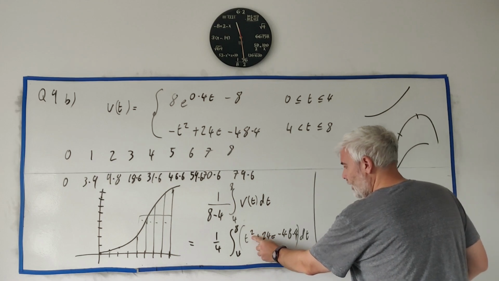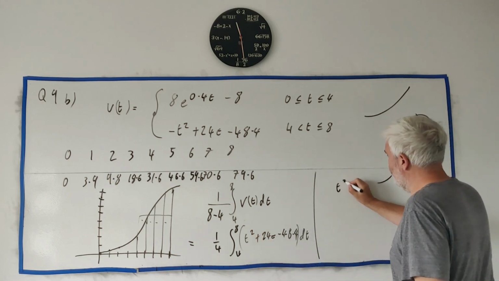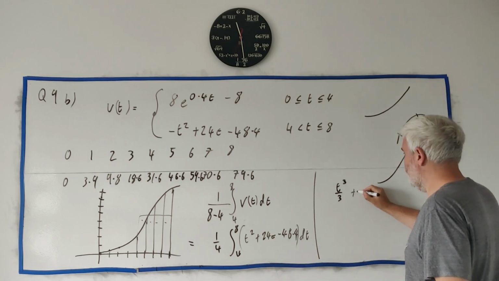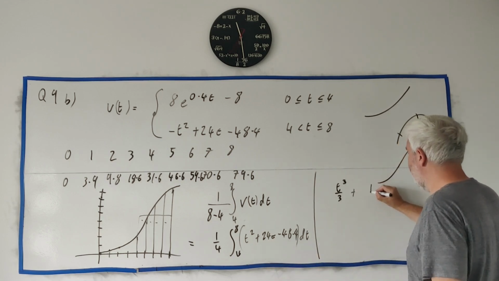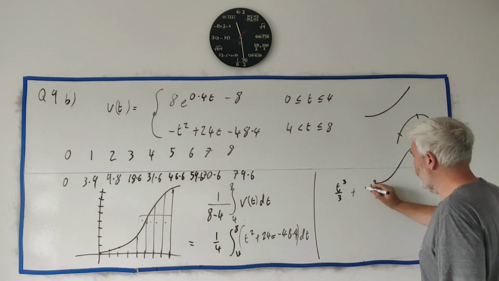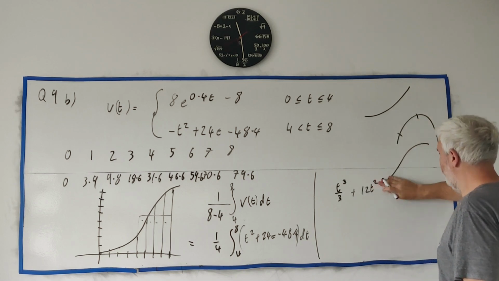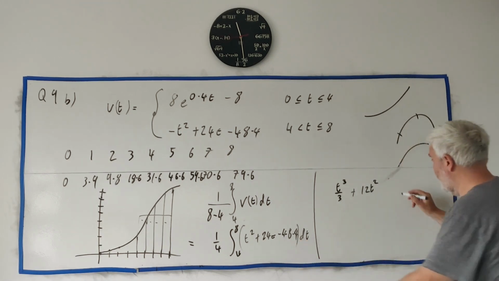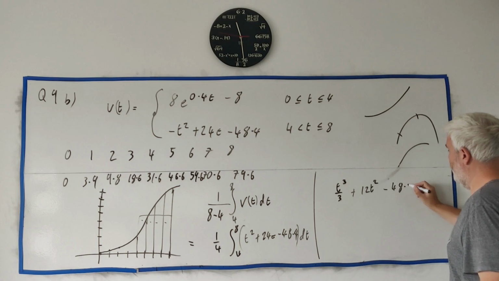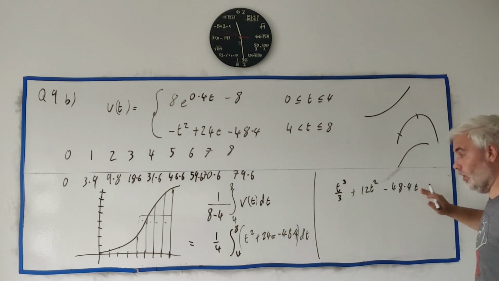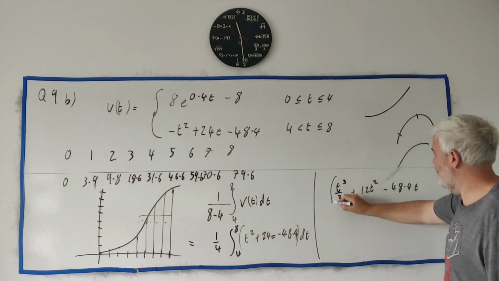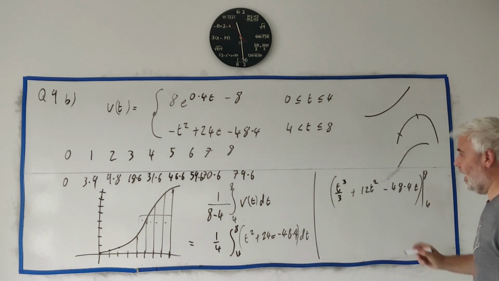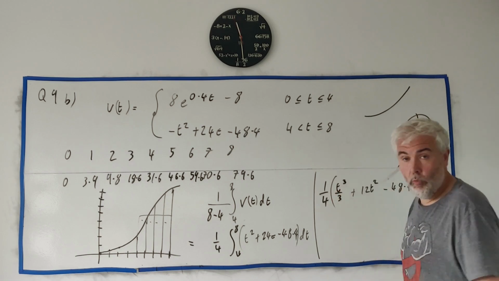Add 1 onto the t squared, we get t cubed, and divide it by 3. 24t becomes 24t squared divided by 2, and 24 divided by 2 is 12, so 12t squared. Minus 48.4 becomes minus 48.4t. All of this is still to be evaluated between 8 and 4, and it's all to be multiplied by 1 over 4.